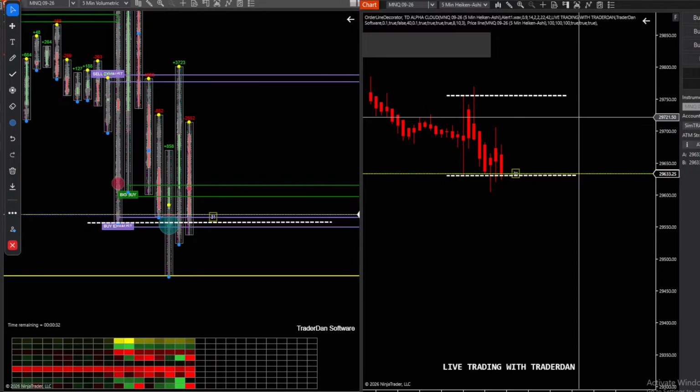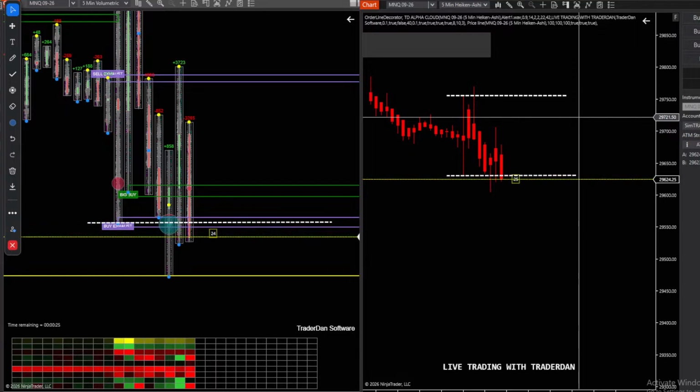We should go back up, guys. The supply zone is up there quite a ways. I cannot believe they want to short this bottom here like this.